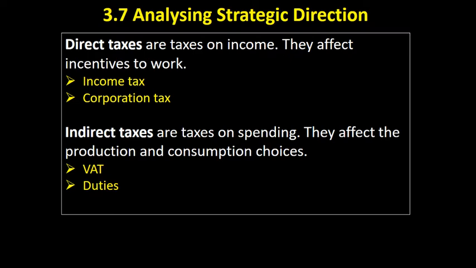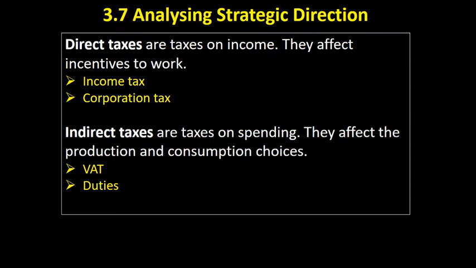So the government can alter direct taxes, or they can alter indirect taxes. Indirect taxes are taxes on spending, things like VAT and duties. They affect production and consumption choices. In other words, indirect taxes are often used to influence individuals' behaviour.